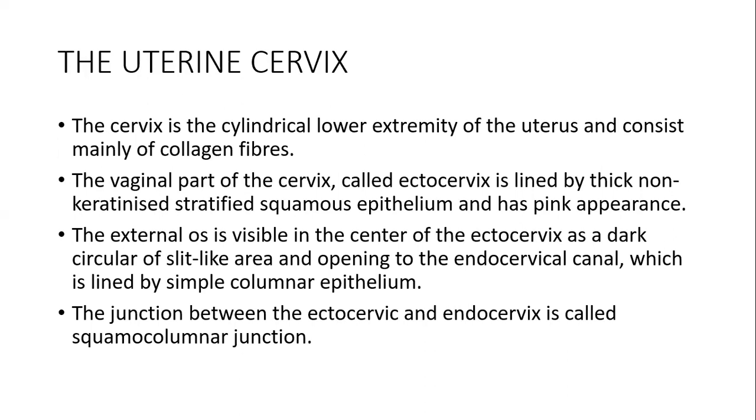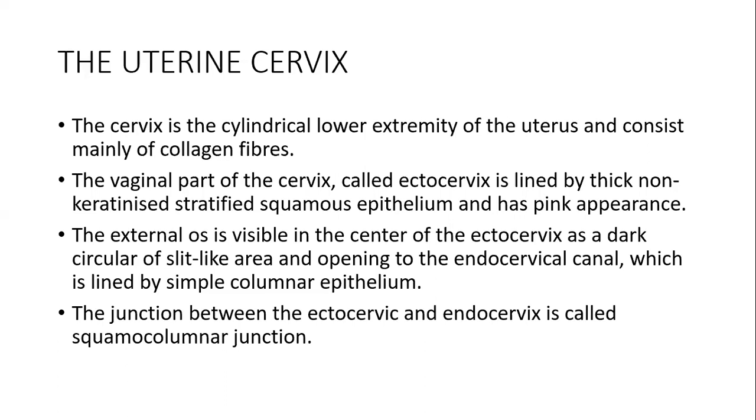When we do the speculum exam, that's the part we see, which mostly has a pink appearance. It has an opening in the center known as the external os. Through this os is a canal which connects the outside to the inside of the uterus. Within the canal, we have the endocervical canal, which is lined by the simple columnar epithelium.